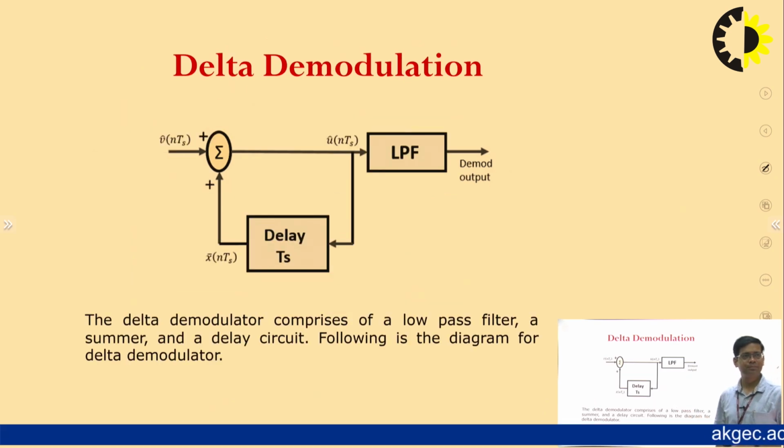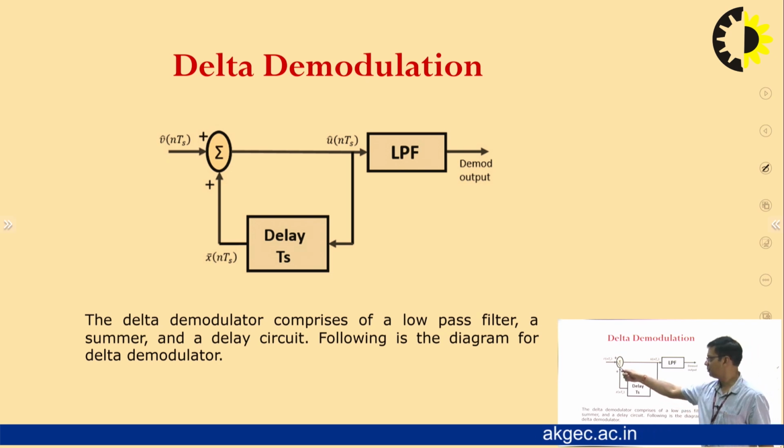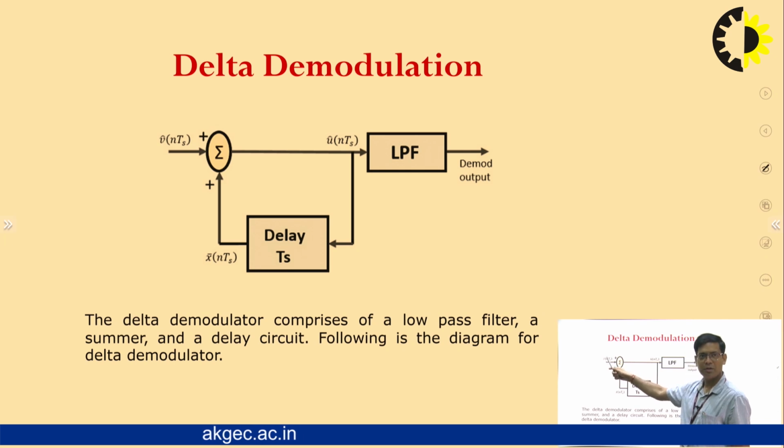This is the delta demodulation. Here we have taken a summing circuit which adds the one-bit information coming from the transmitter section.